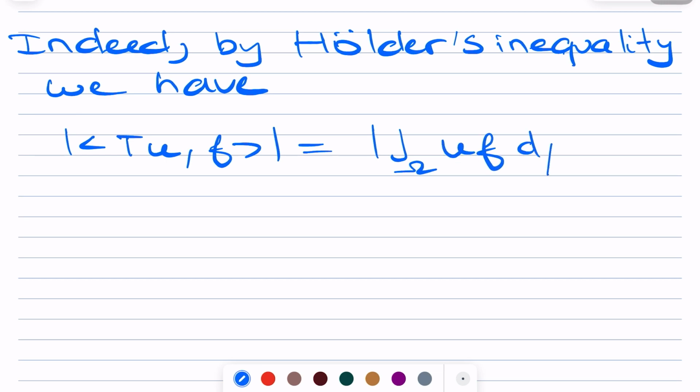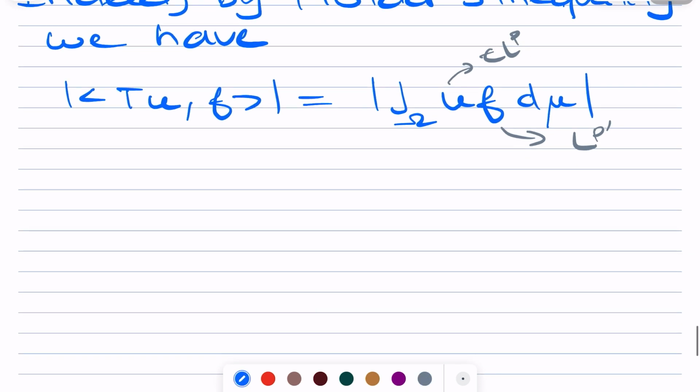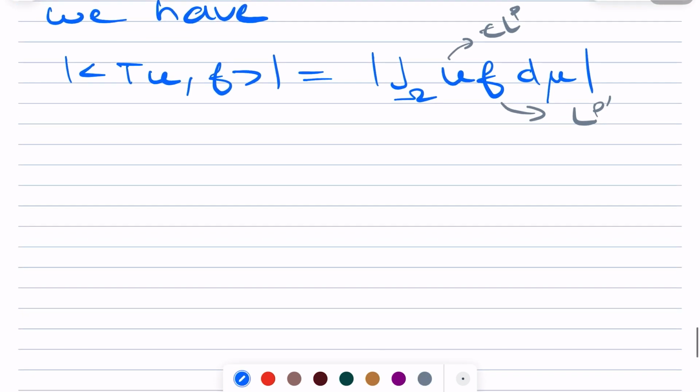Now observe that u is in LP and f is in LP prime, which is the conjugate exponent of p. So the product is in L1, and you can apply Hölder inequality.